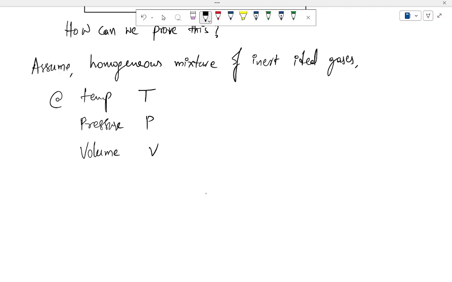For this I will apply the ideal gas equation.